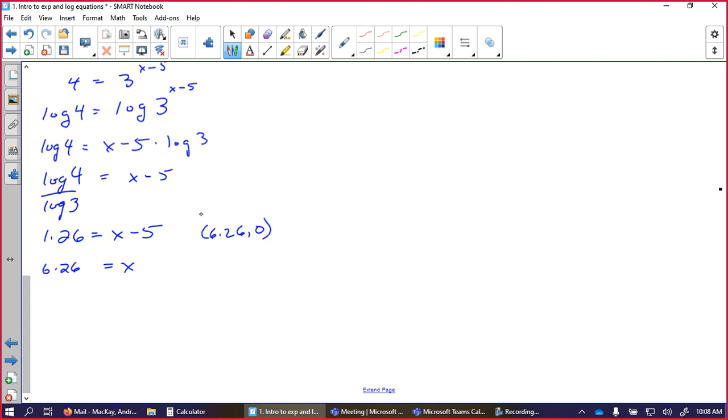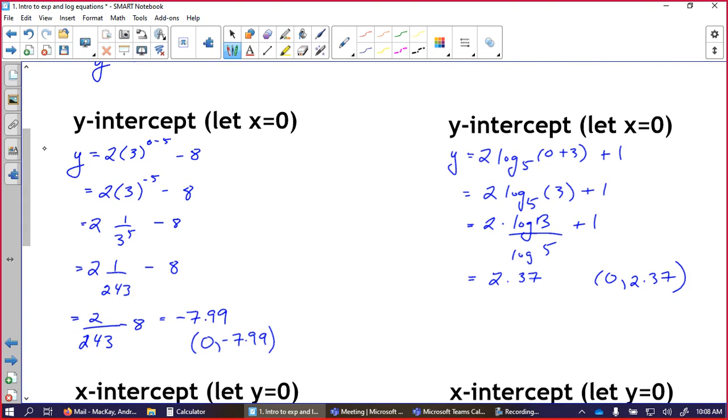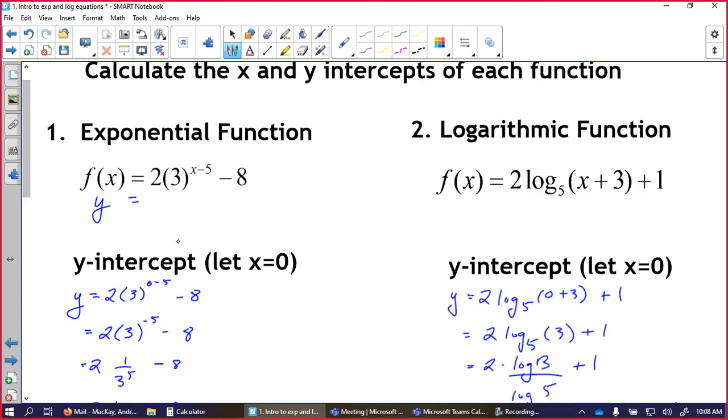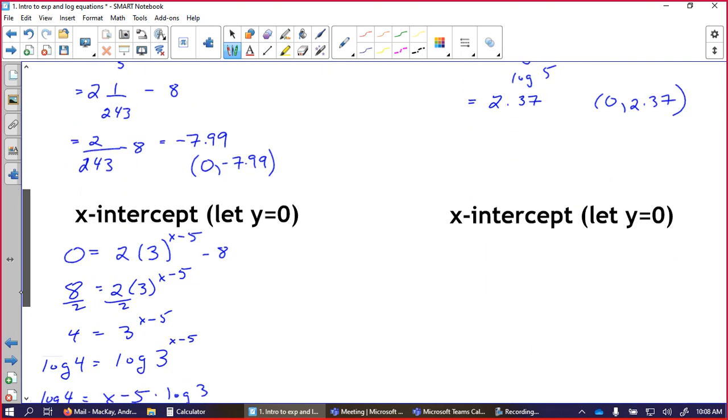And that has an x-intercept. Typically, if we were just doing an exponential function, it's going to have a y-intercept, but it won't have an x-intercept. But because it has an asymptote and has been translated down, it does.